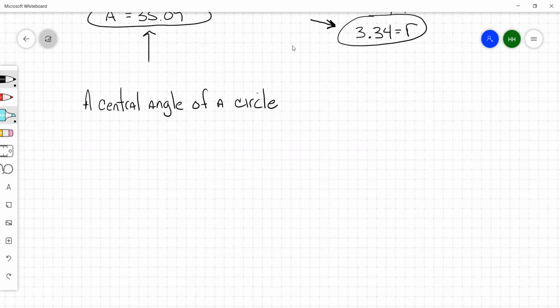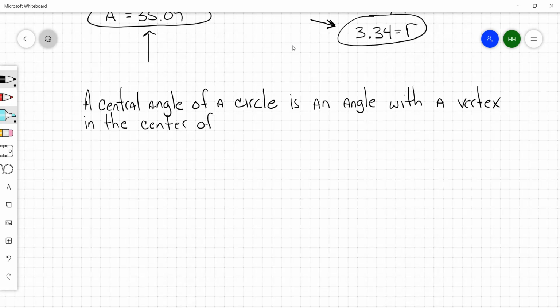A central angle is an angle with a vertex in the center of the circle. There's a circle with a center.